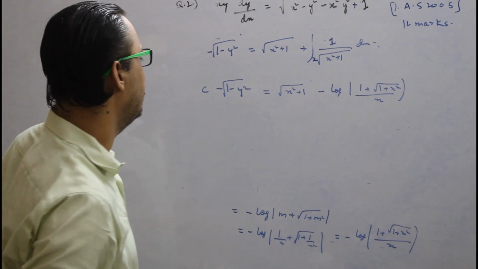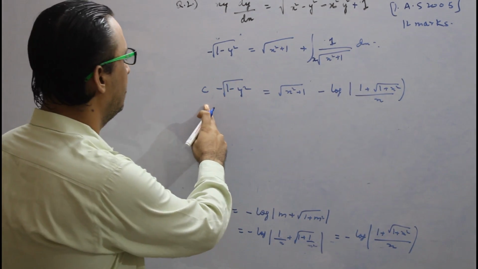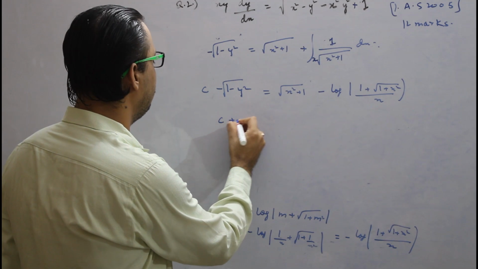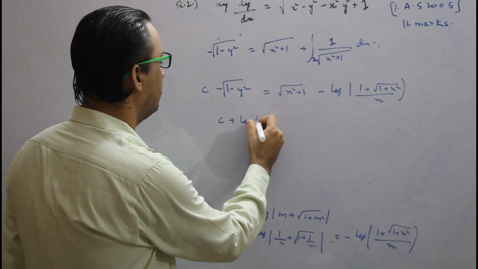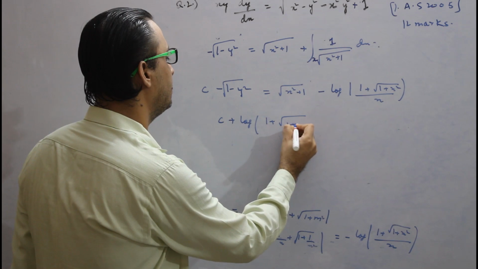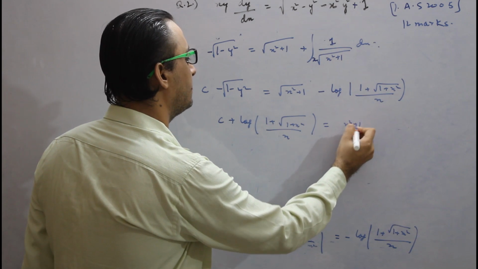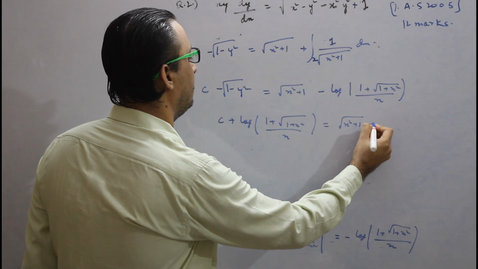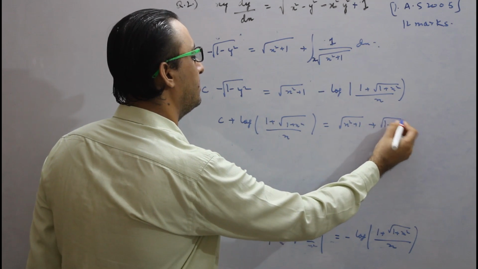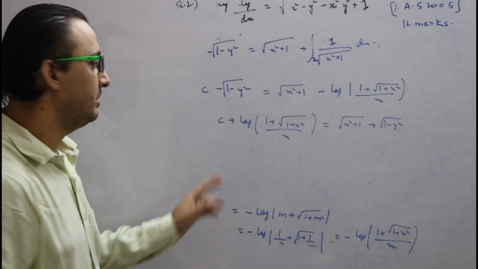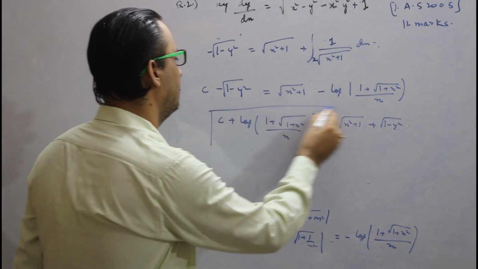We can take it on any side. So we can write c plus log of 1 plus under root 1 plus x square by x is equal to under root x square plus 1 plus under root 1 minus y square. So this is our answer for this one.